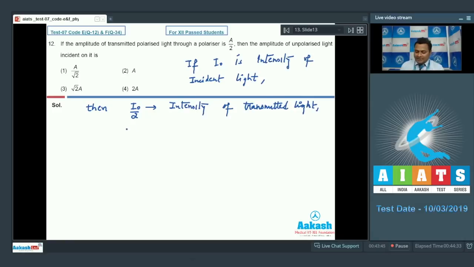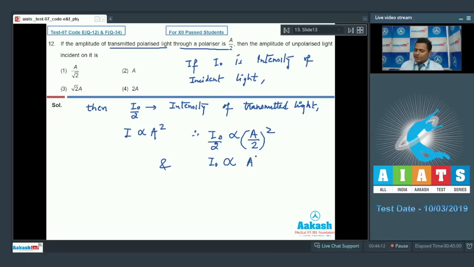We know that the intensity of light is directly proportional to amplitude square. So here also the intensity of transmitted polarized light will be proportional to its amplitude square. So we can write, I0 upon 2 is proportional to its amplitude, that is A by 2 square. And the intensity of incident light, that is I0, is proportional to its amplitude A dash square.